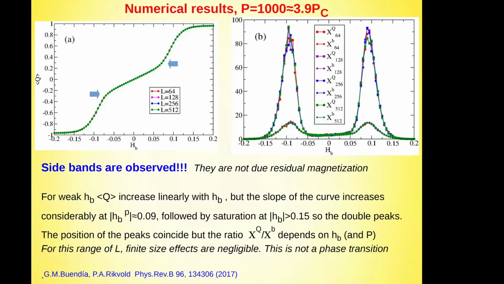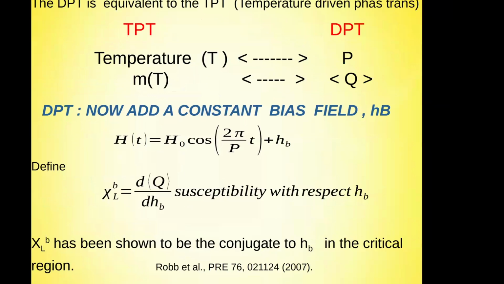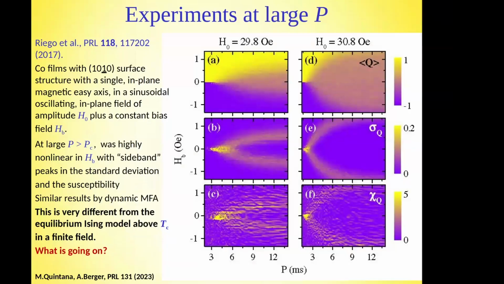Q is the derivative with respect to the field that gives you the fluctuation of Q, and this is the derivative with respect to B. The field B is the field conjugate to this one. I think I define it here. This is the susceptibility with respect to the bias.